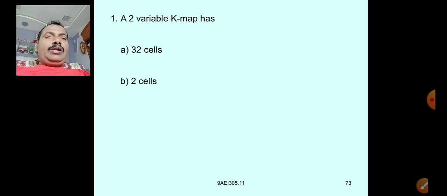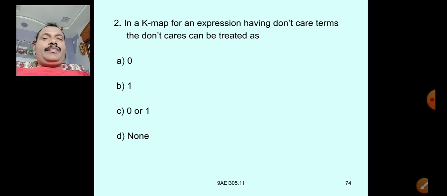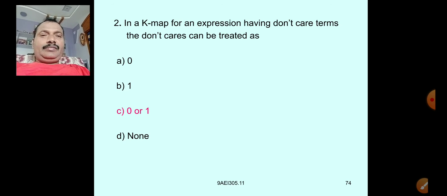A two variable K-map has how many cells? 4 cells, 2 power 2, 4. In a K-map for an expression having don't care terms, don't cares can be treated as 0 or 1. You can treat don't care as 0 or 1 as per your convenience, whatever it may be.